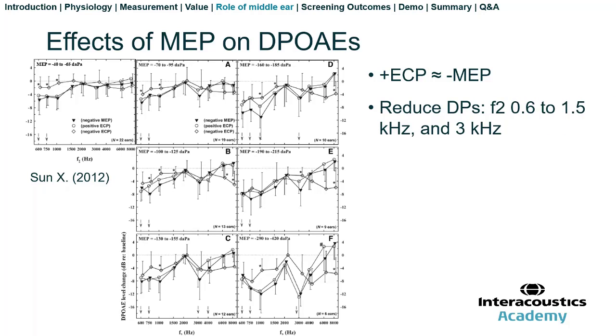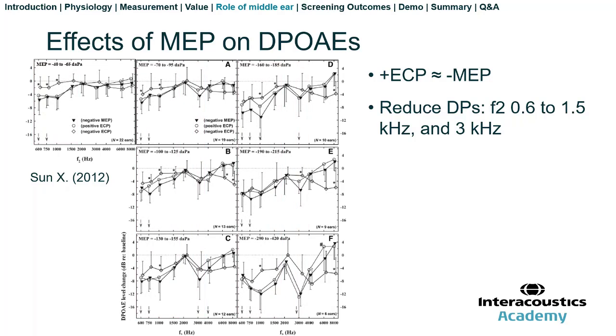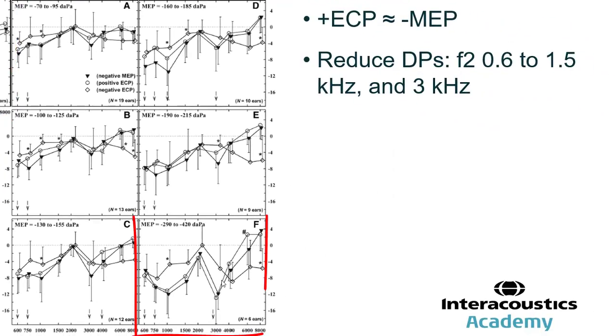Specifically, the effect on distortion products was that in the region of F2 frequencies between 600 hertz and 1500 hertz, and also 3000 hertz, the distortion products were reduced. Each of these panels reflects a different range of deviant pressure. In other words, this is the most mild case in the upper left, and the most severe case is in the lower right.